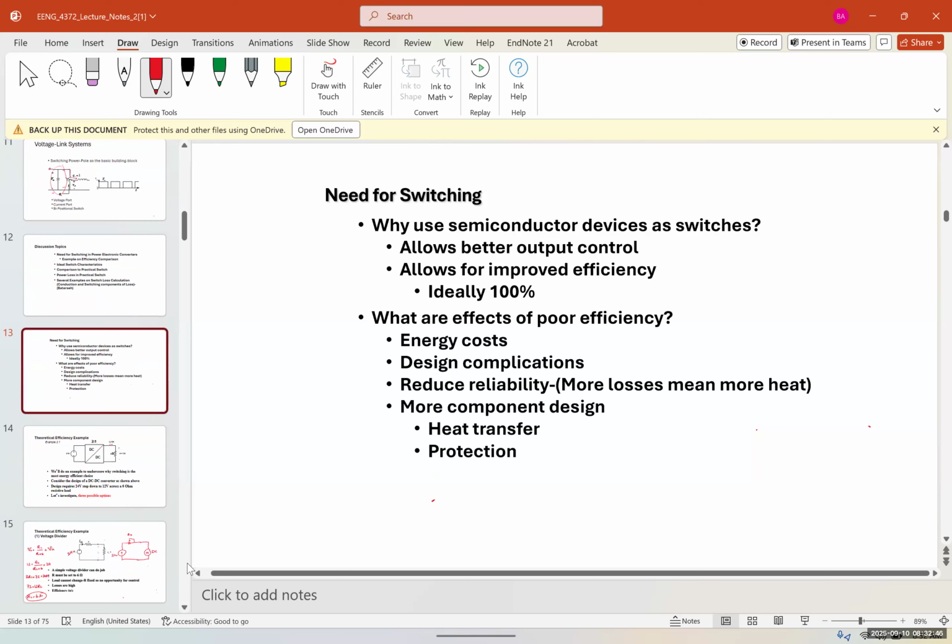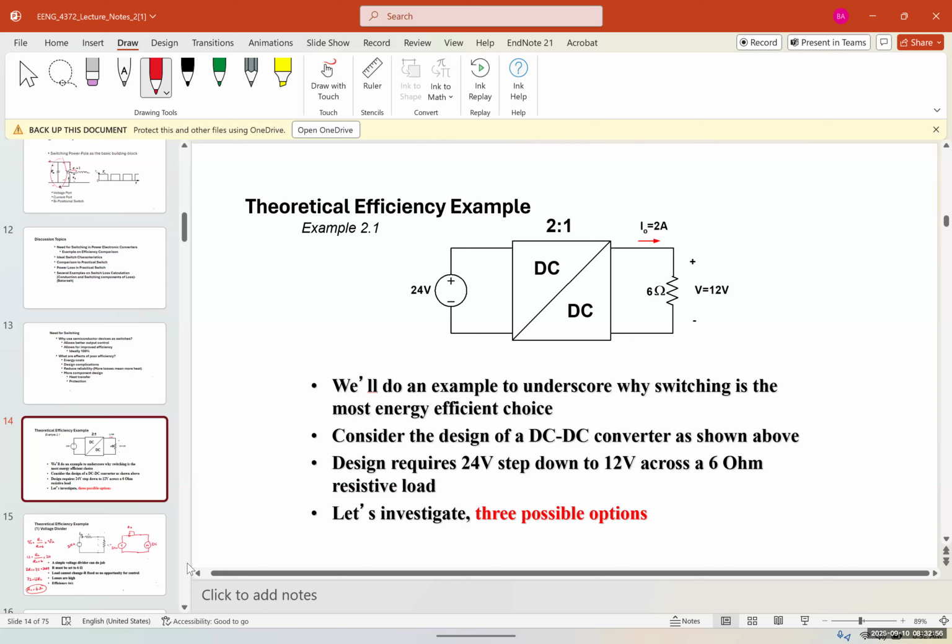Now, let's do some examples of theoretical efficiency. We'll do an example to understand why switching is the most energy efficient choice. We will consider the design of a DC to DC converter as shown above.